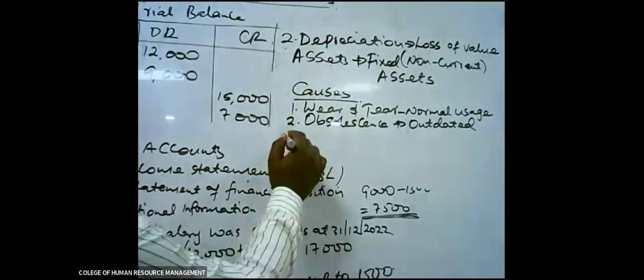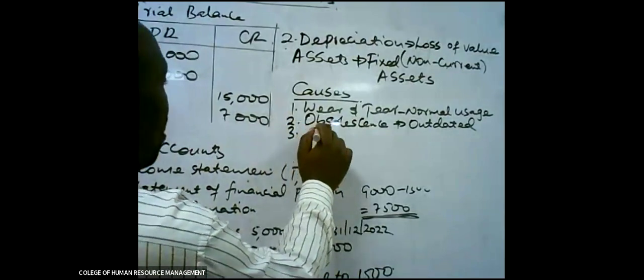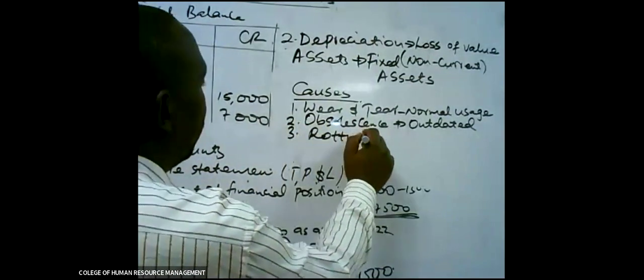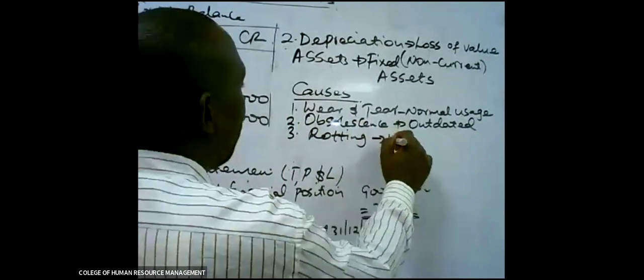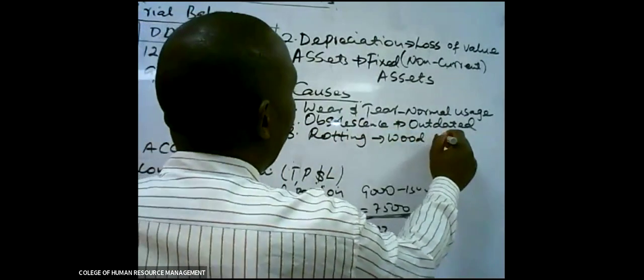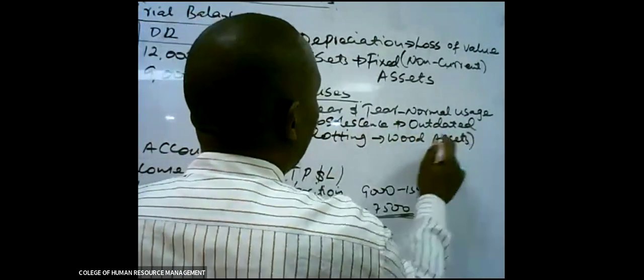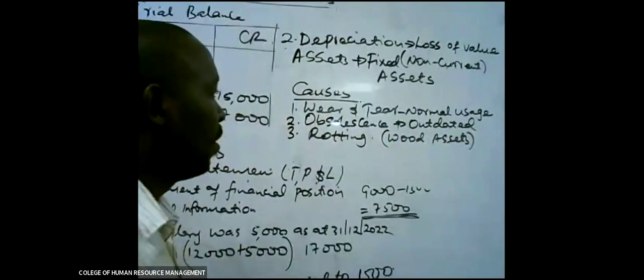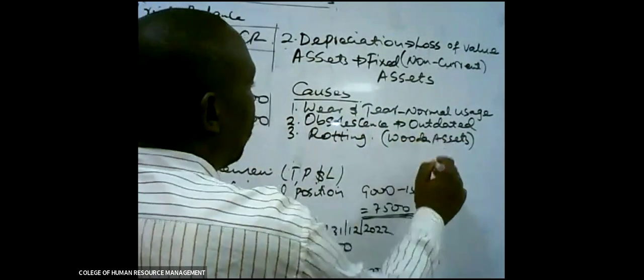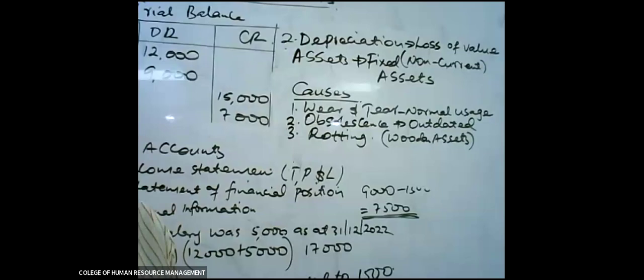Obsolescence. Number three, it is all about things to do with rotting. This normally affects the wooden assets. Those wooden assets, if they are not properly stored and maintained, you leave them outside there where they are rained on and all that, they will rot.